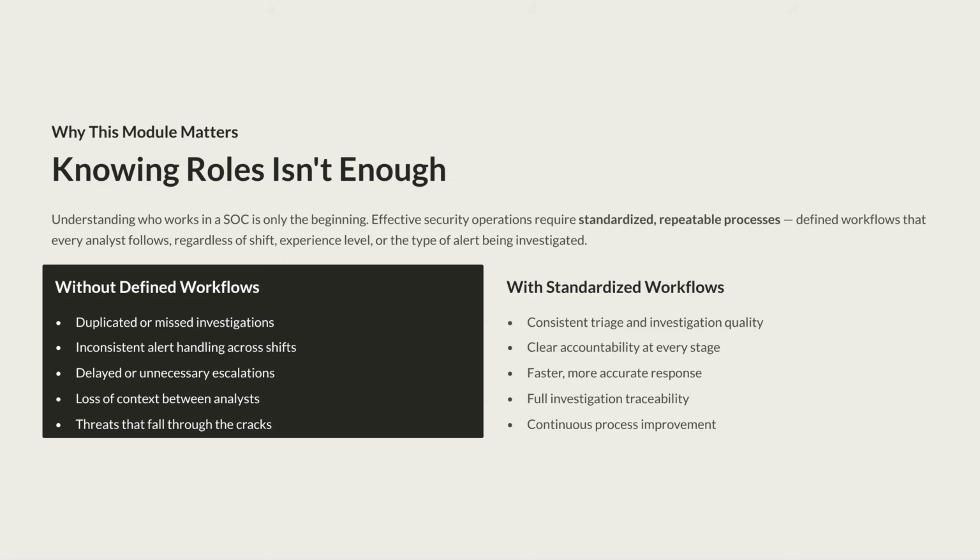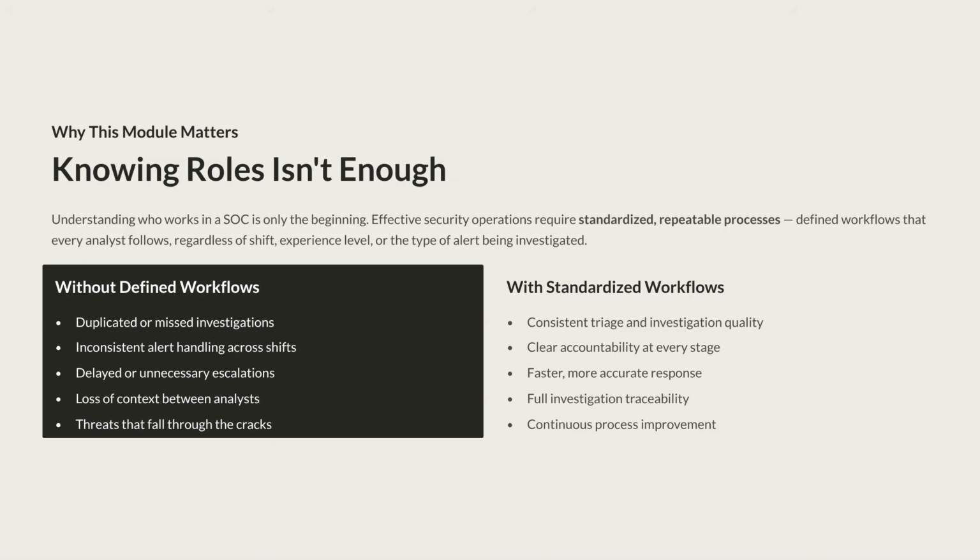That could be a correlation rule, behavioral analytics, anomaly detection, or threat intelligence matching. When the required conditions are met, an alert is generated. But this is important. An alert is not the same thing as a confirmed security incident. An alert tells us that something happened which matches our detection logic and deserves attention. The analyst still needs to determine what that activity actually means.